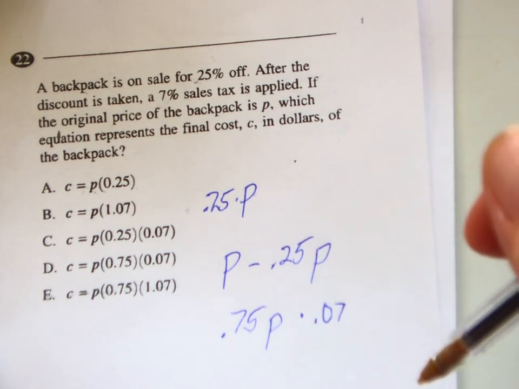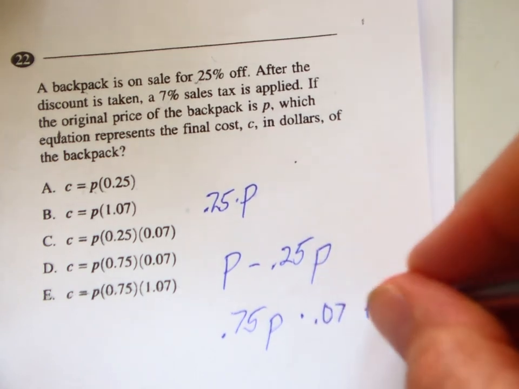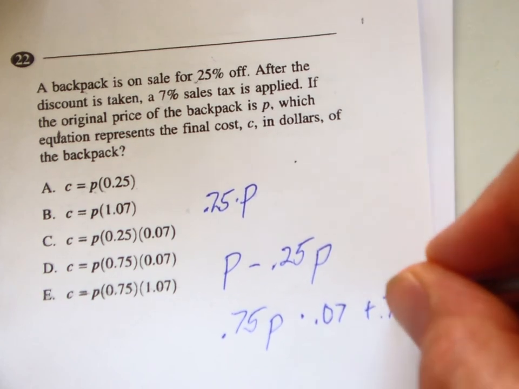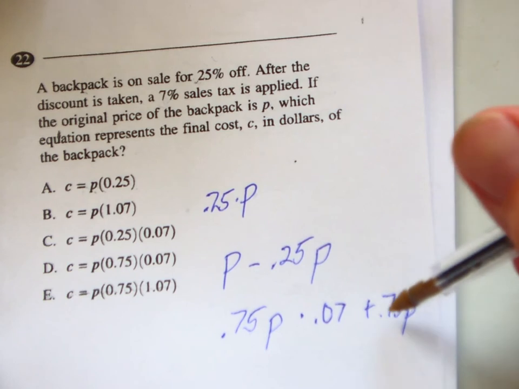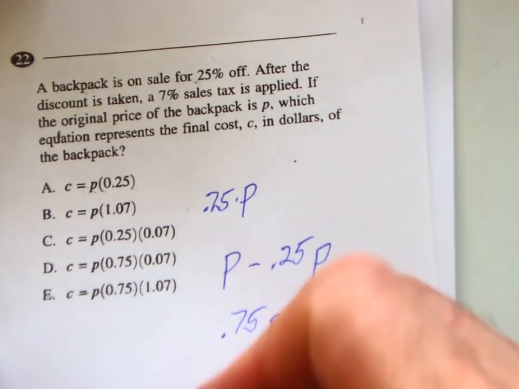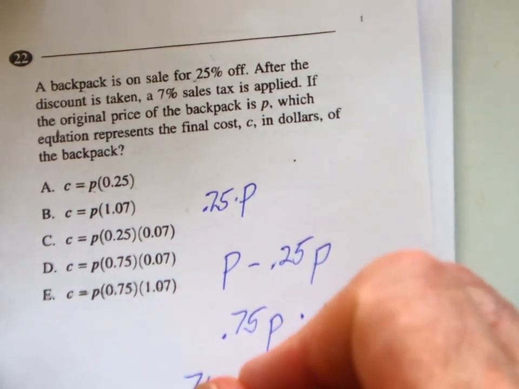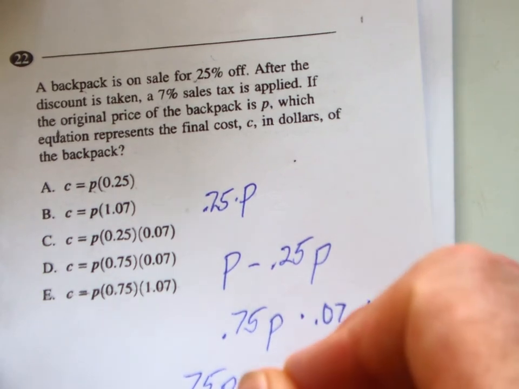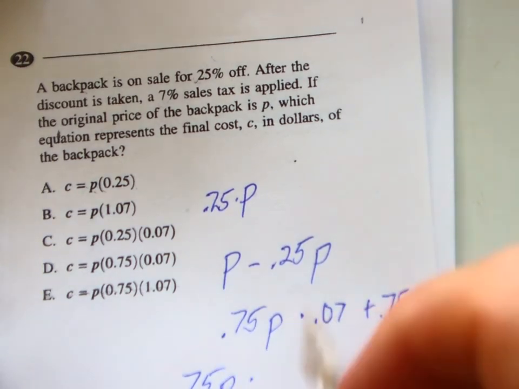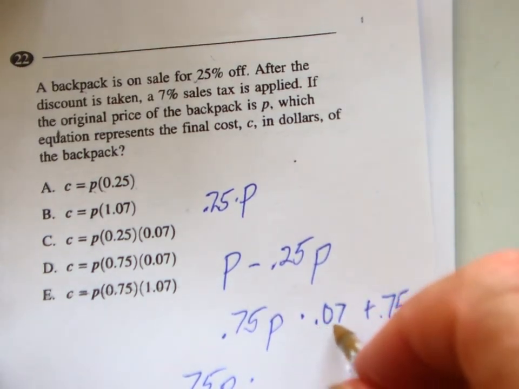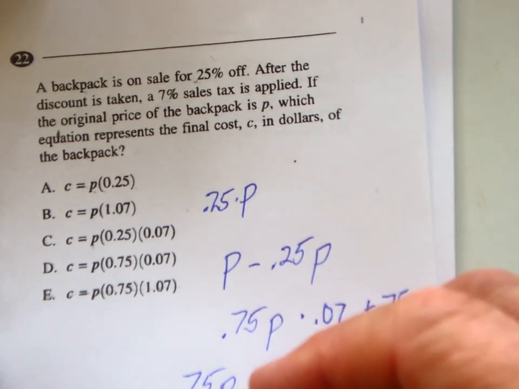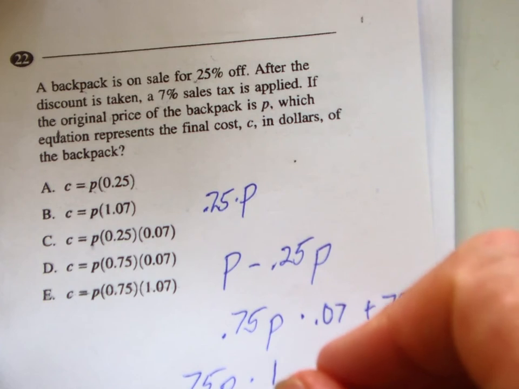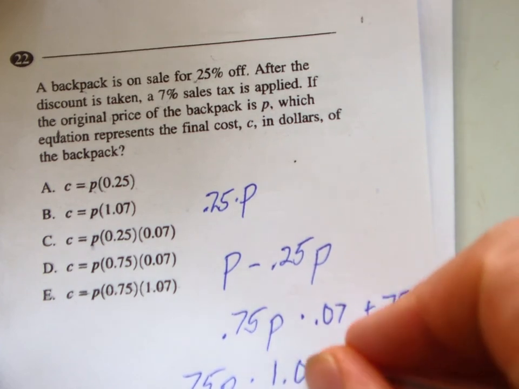Now what we could have done, if we're going to add plus 0.75p, which was the discounted price, we could have just done this: 0.75p times, instead of multiplying it times the sales tax, multiply it times 1, which is itself the cost, plus the sales tax, 1.07.